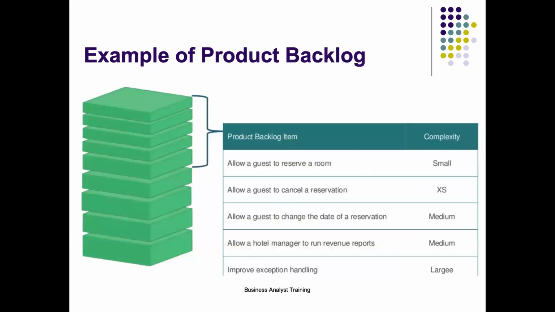Okay. So this is one example of how you pick stories or requirements in a sprint, and then you rate or estimate them based upon the complexity, right? You can use a simple methodology like rating them extra small, small, medium, large, something like that.